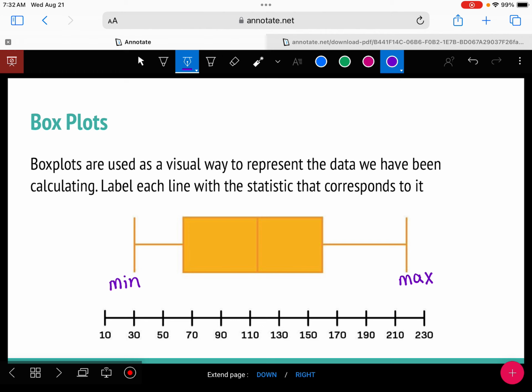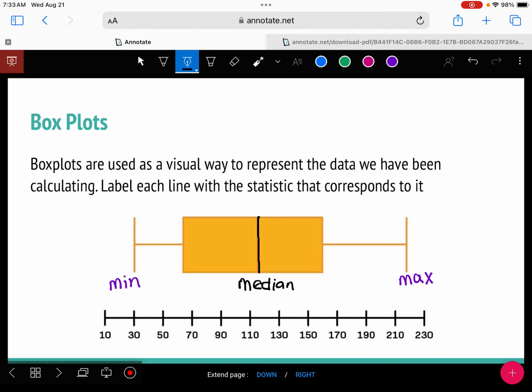Inside the box, and I know it's really hard to see because contrast is fun, there's a little line right there. Fully in the middle, that's going to be our median. So it shows our minimum, our maximum, our median. The edges of that box in the middle are also important pieces.